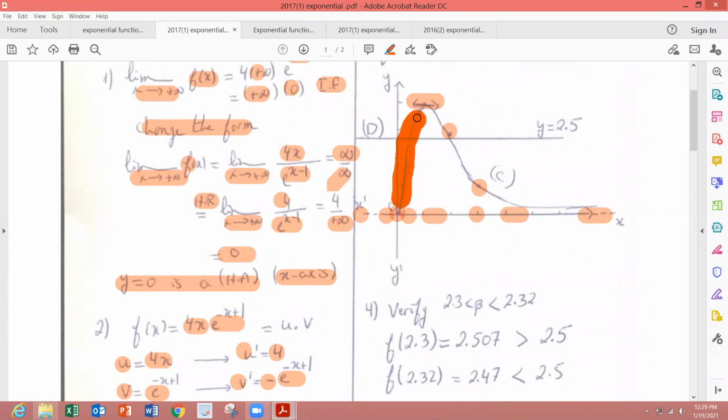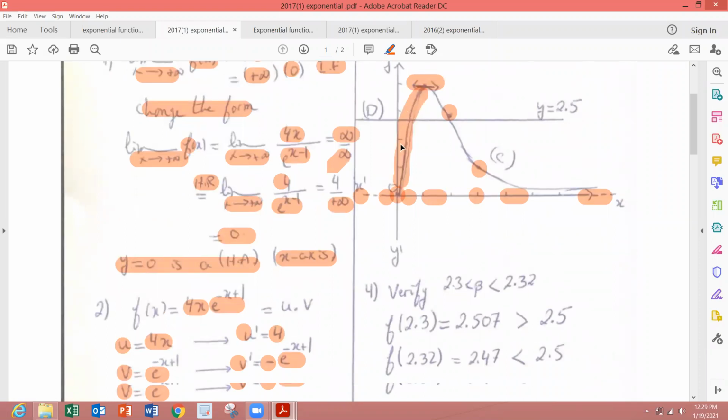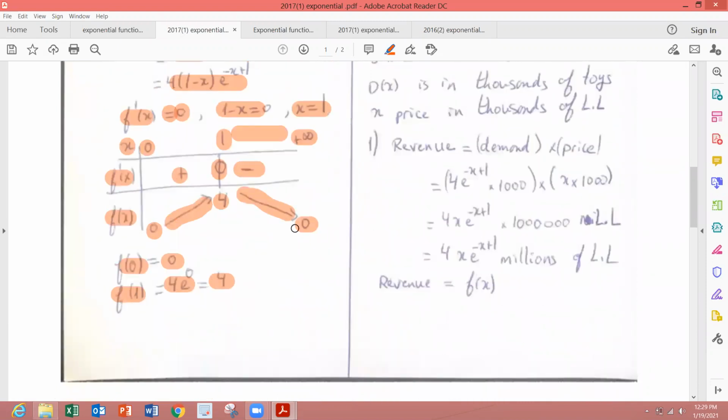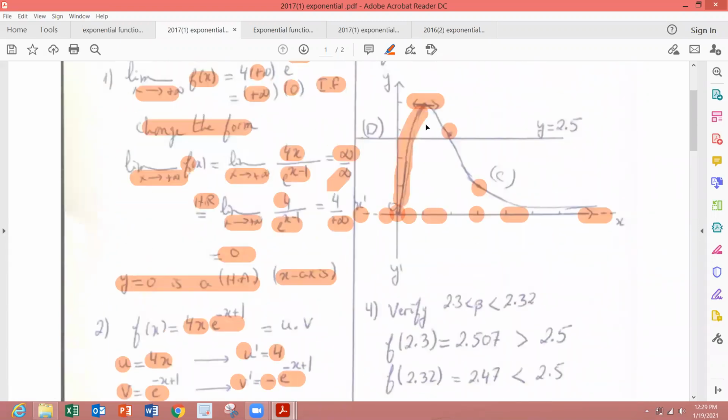Then it decreases toward plus infinity with the horizontal asymptote at 0, passing by the points we saw before, decreasing near the horizontal asymptote. This is the curve C. Any questions about the drawing?